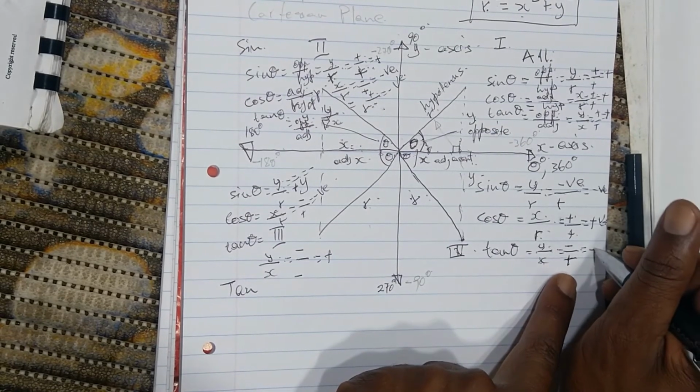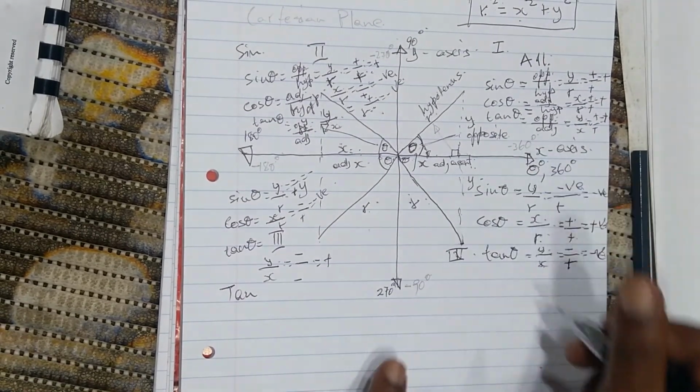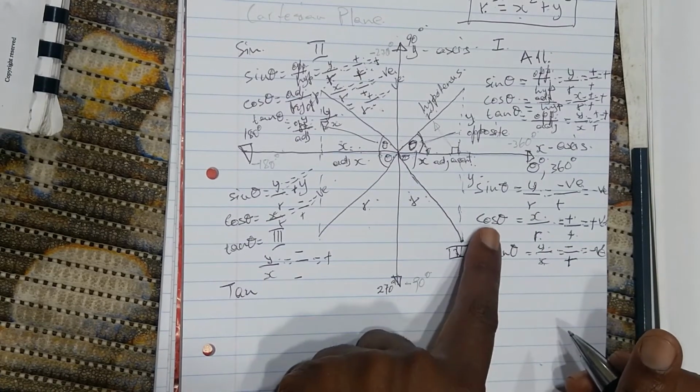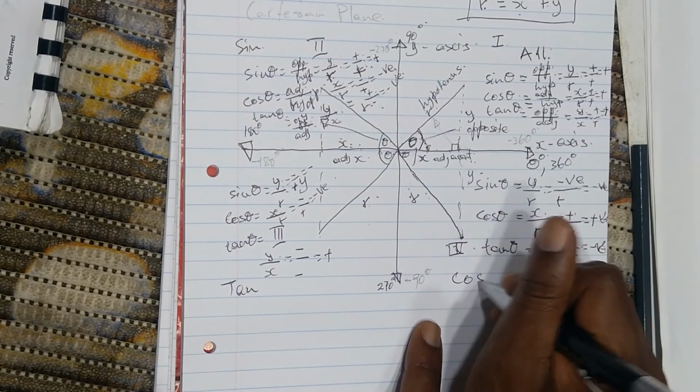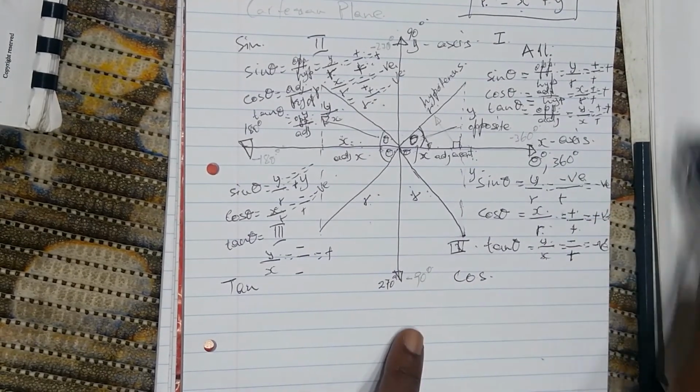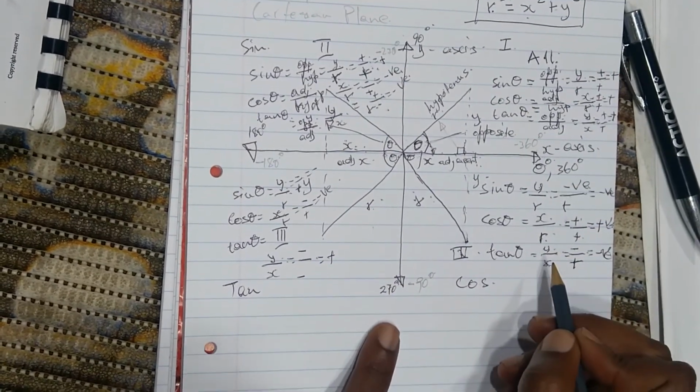So as you may have correctly predicted here, in the fourth quadrant you have cos that is positive.